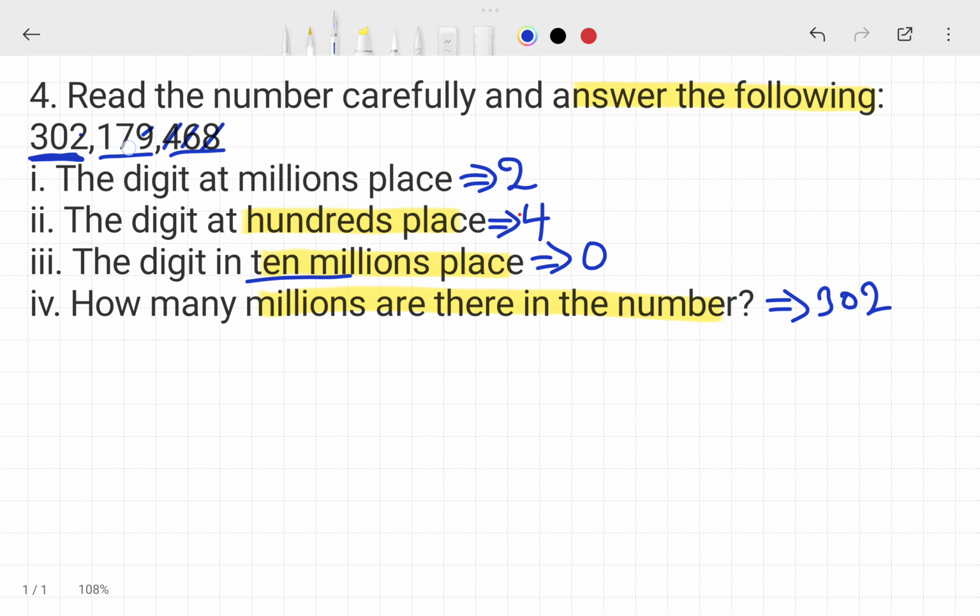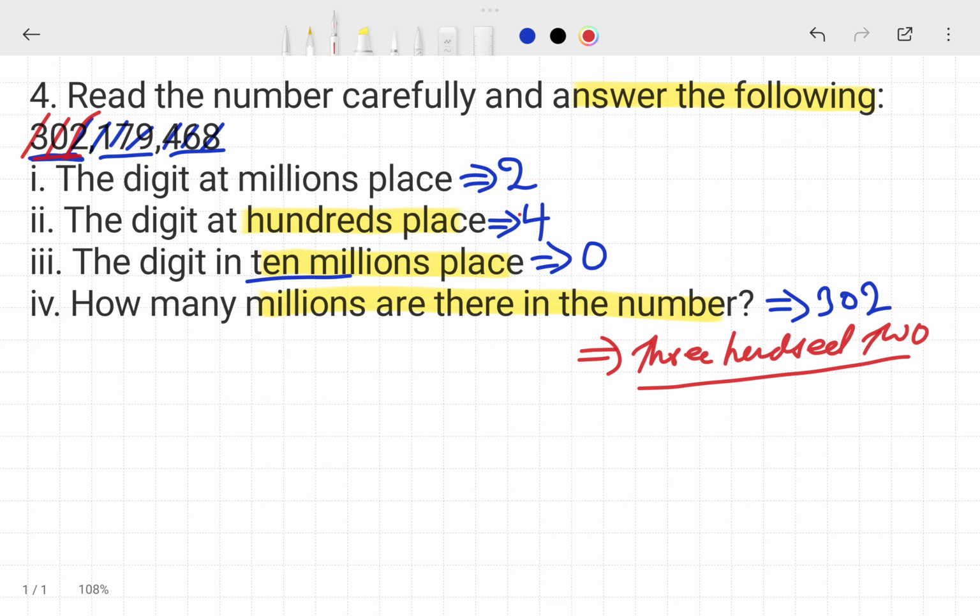Count ones, tens, hundred, thousand, 10,000, 100,000, after that million, then 10 million, 100 million. So how many millions are there? 302. We can write the number as 302 or 302 million also.